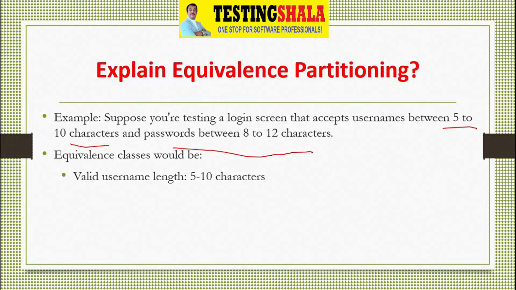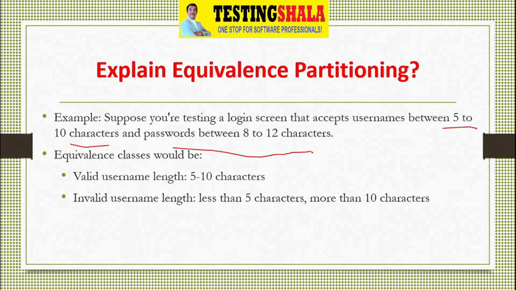Here we divide the username and password into different sets of categories. The valid username is 5 to 10 characters. An invalid username would be fewer than 5 characters or more than 10 characters.